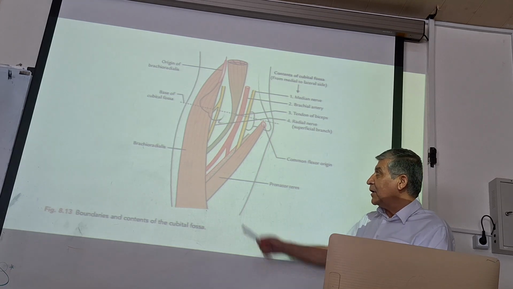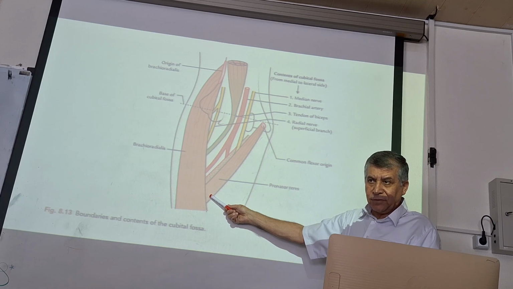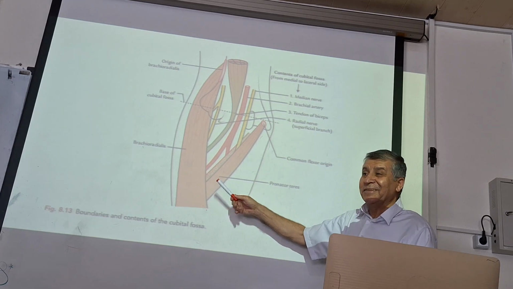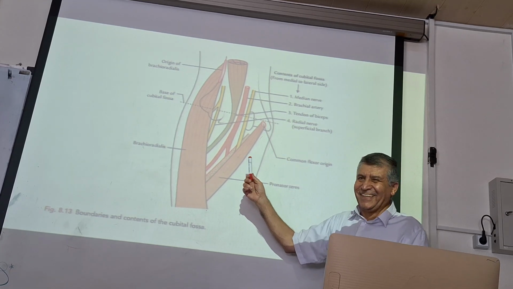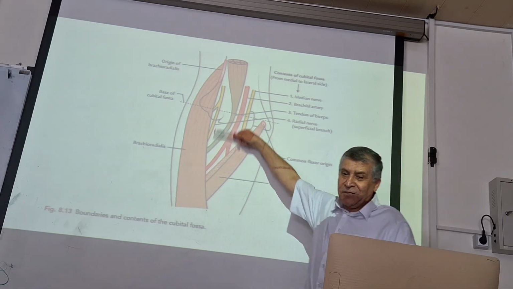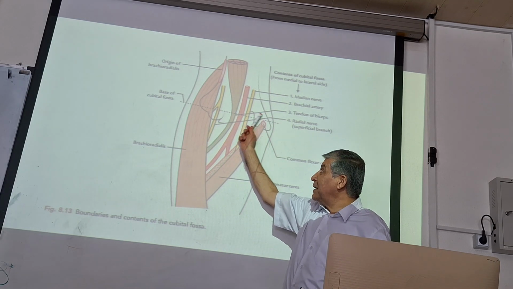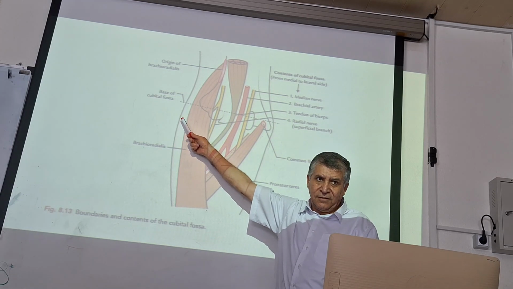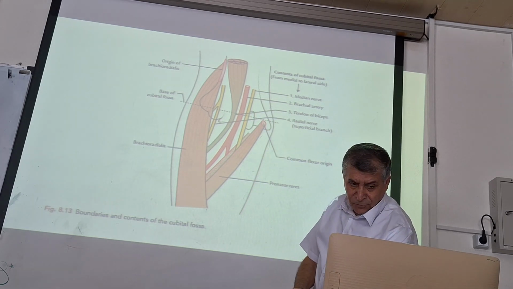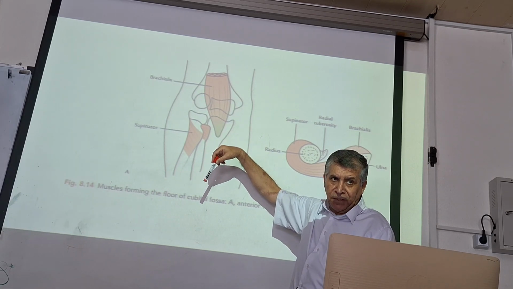It is bounded medially by pronator teres, laterally by brachioradialis, and superiorly by an imaginary line between the condyles. The floor of the fossa is formed by brachialis and supinator.